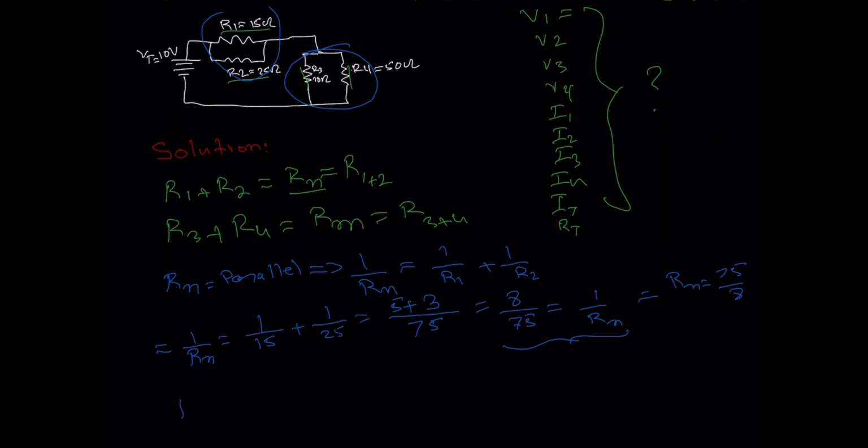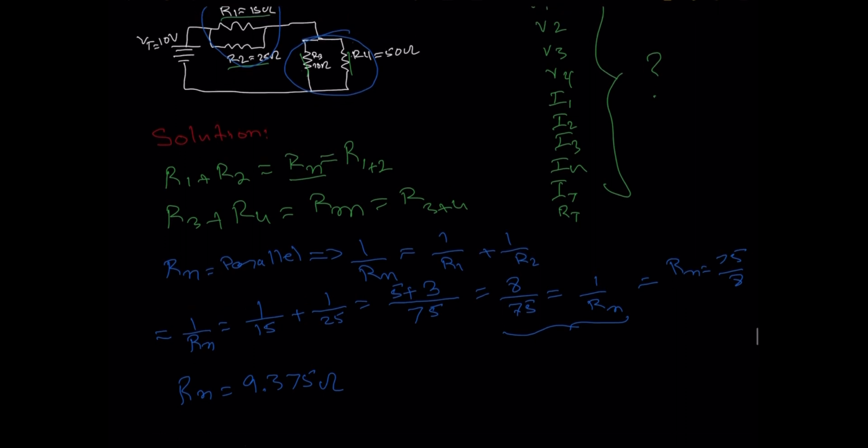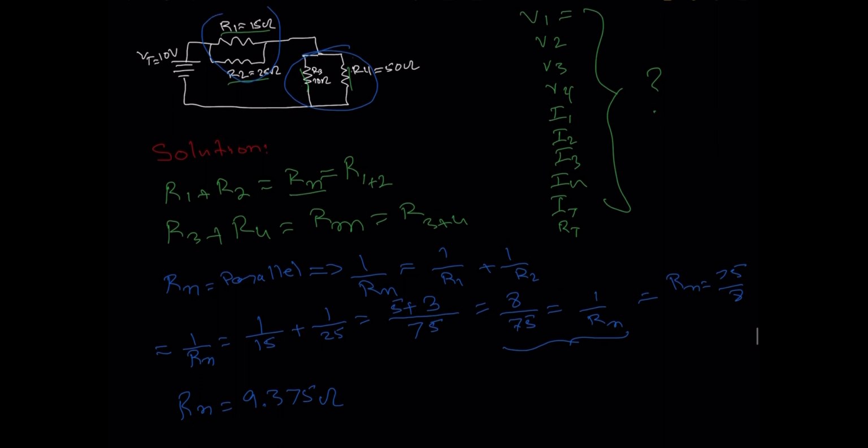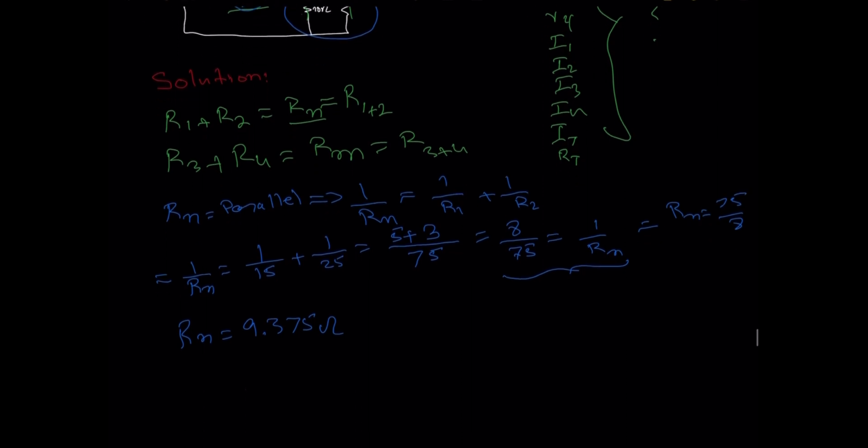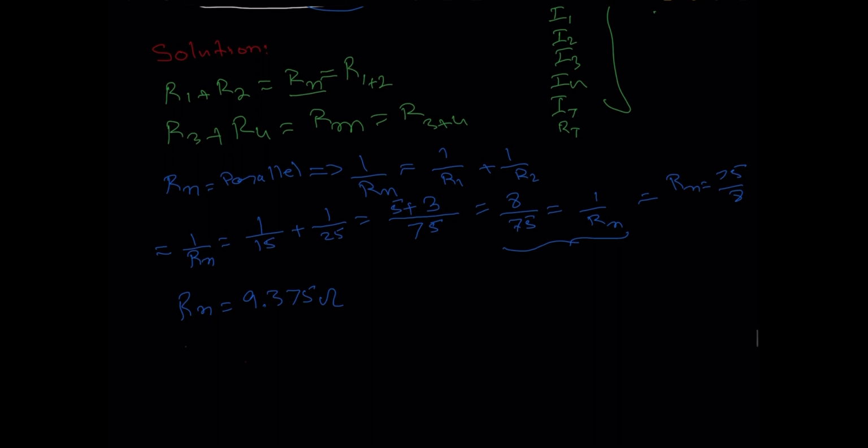So Rn will be equal to 9.375 ohm. And we had a rule in a parallel circuit: the total resistance should be lower than the lowest resistor we have. So 9.375 is lower than the lowest resistor in here, which is 15 ohm. So that works out.